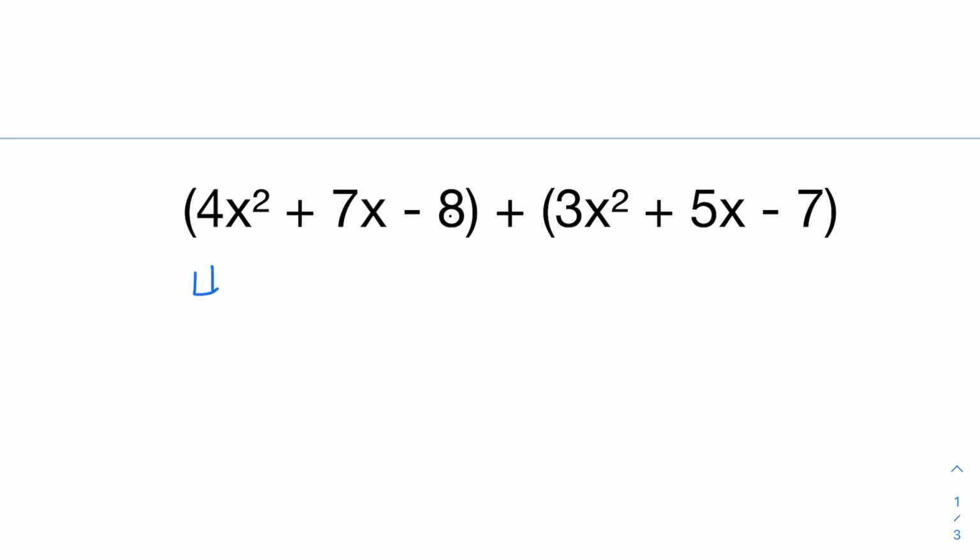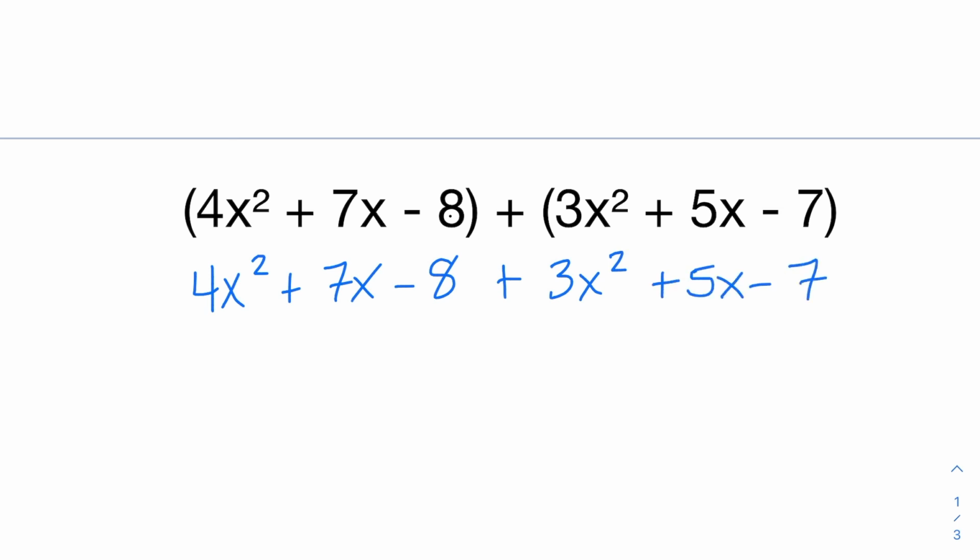We can rewrite this as 4x squared plus 7x minus 8 plus 3x squared plus 5x minus 7. And then we are going to combine like terms. If we start with the 4x squared, when combining like terms, what's considered a like term is anything that has the same variables to the same degrees.